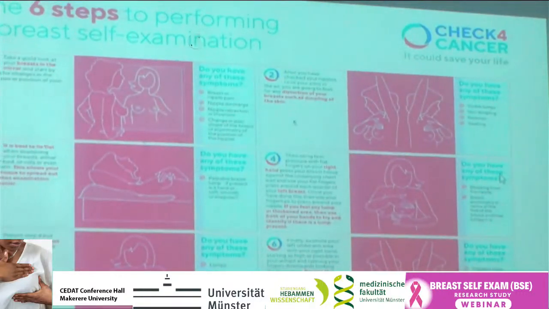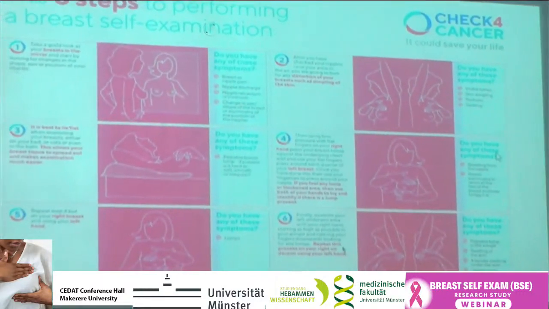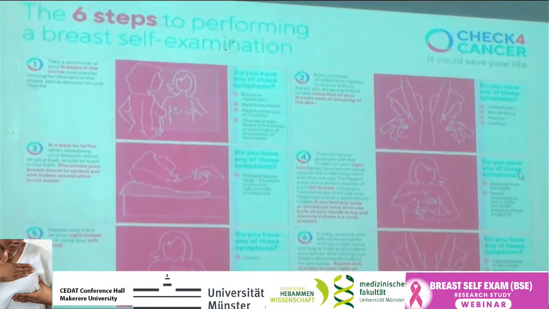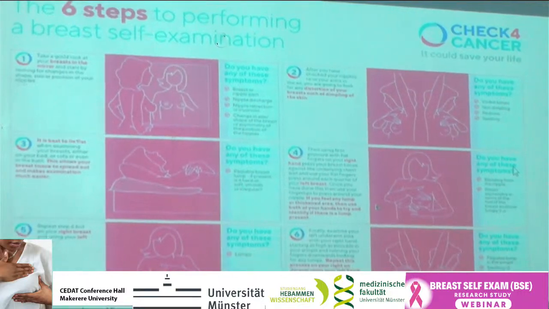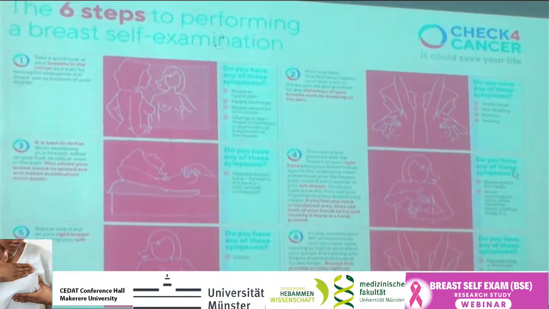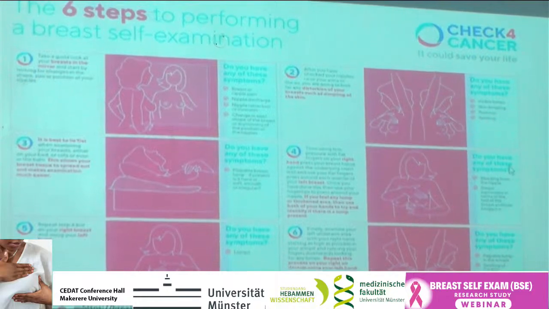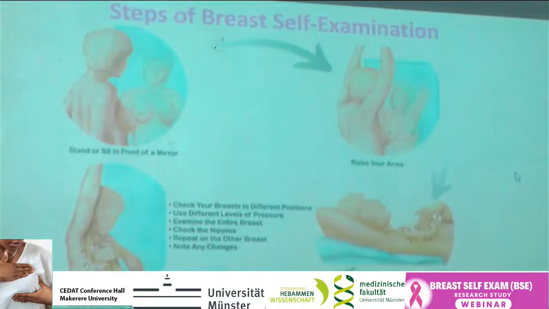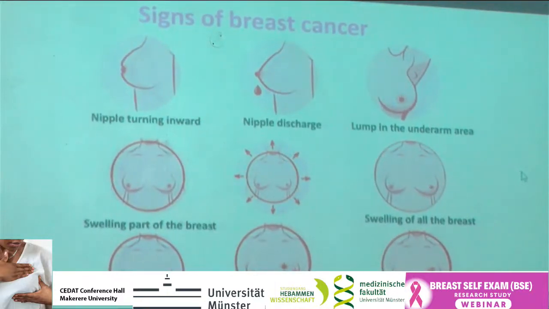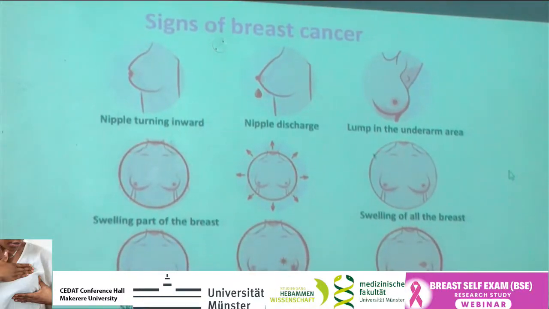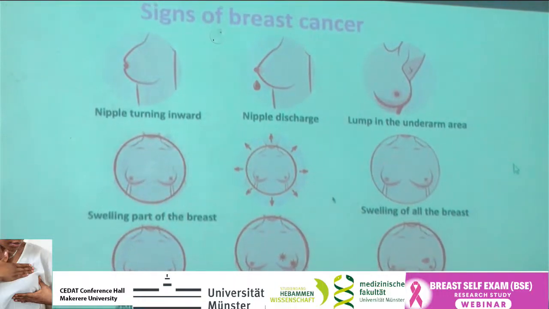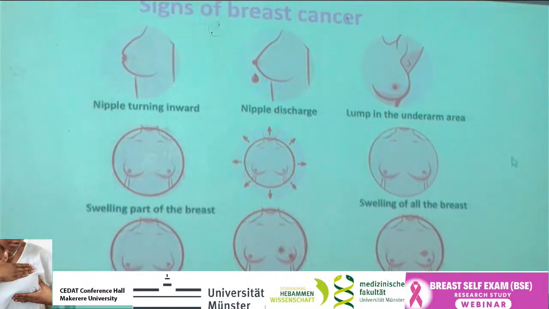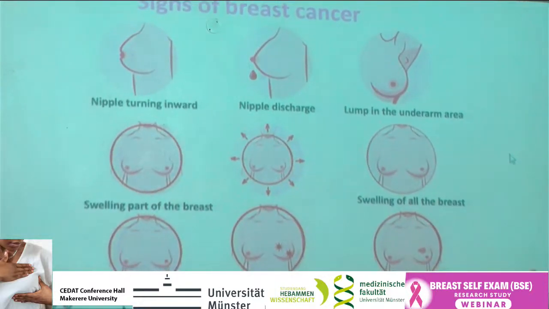So these are the other steps that we have looked at, and these are the conclusions. You see, the conclusion, you're ending up with the lymph nodes under the arm and on the clavicle, as we mentioned. This is a summary of what we've been talking about in pictorial form. Those are the abnormal findings during inspection. We've already discussed this. You see nipples turning inward, and these are breast cancer signs.